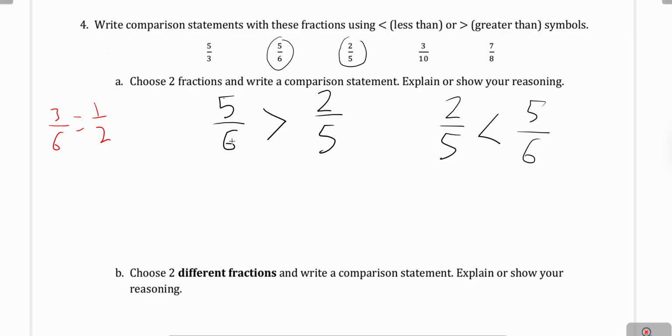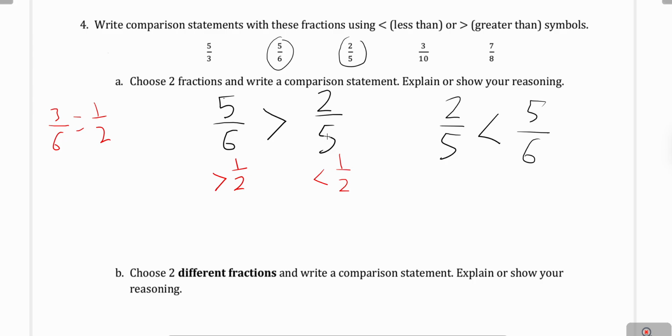So 5 out of 6 is more than 1/2. And 2 out of 5, 2/5, I can say that it's less than 1/2. And a fraction that is more than 1/2 has to be bigger than a fraction that is less than 1/2.